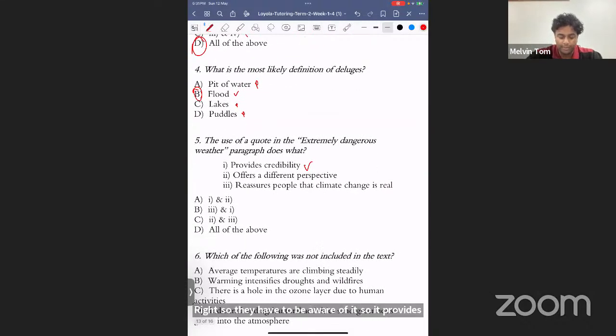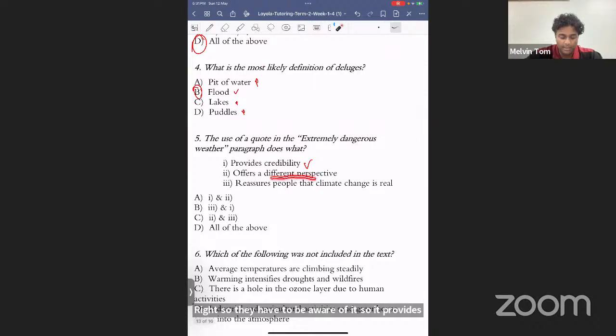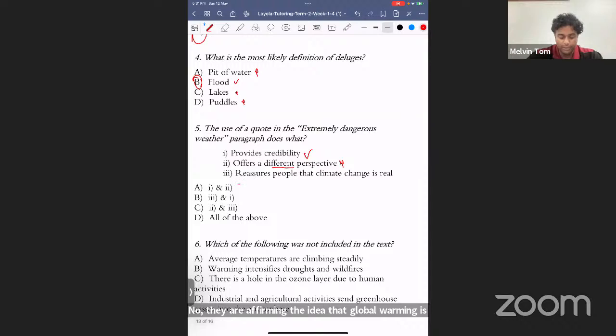Offers a different perspective. I believe this is wrong, because are they providing a different perspective? No, they are affirming the idea that global warming is leading to natural disasters. And finally, reassures people that climate change is real. Yes. So the answer is 1 and 3, which is B.